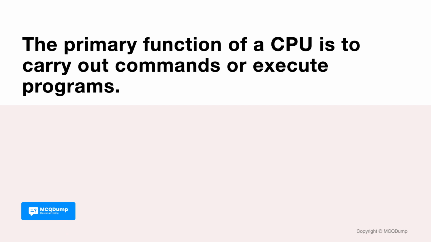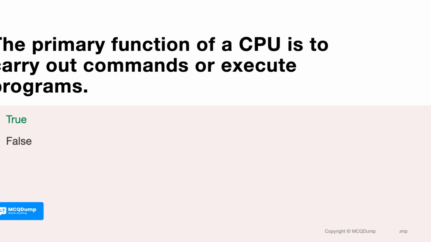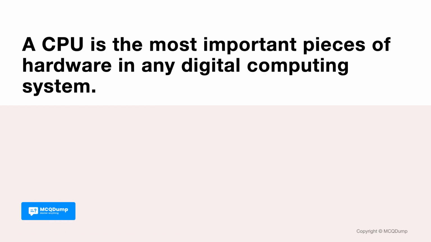The primary function of a CPU is to carry out commands or execute programs. True or false? It is true. The primary function of a CPU is to carry out commands or execute programs. A CPU is the most important piece of hardware in any digital computing system.